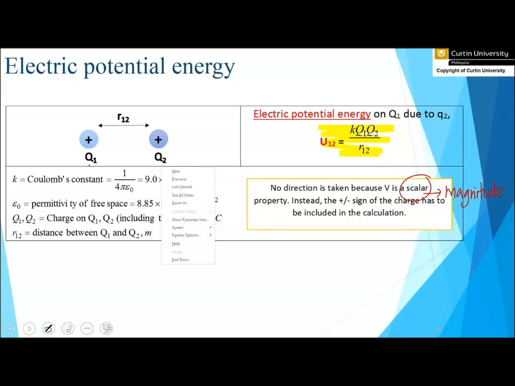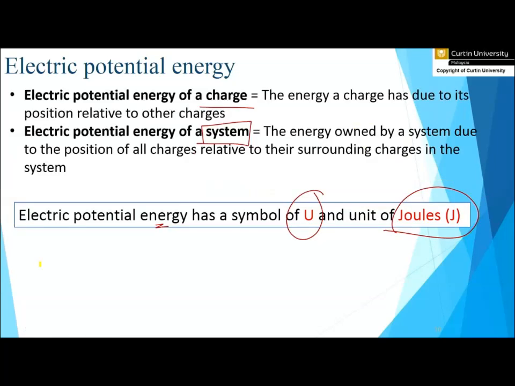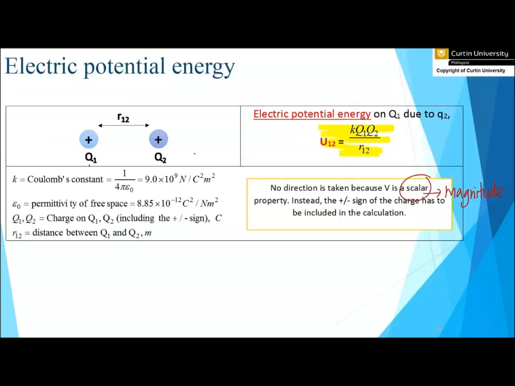So the potential energy of Q1 because of Q2 is given by K, the Coulomb constant, times the charges Q1 and Q2, divided by R, which is the distance between Q1 and Q2. So look at here.